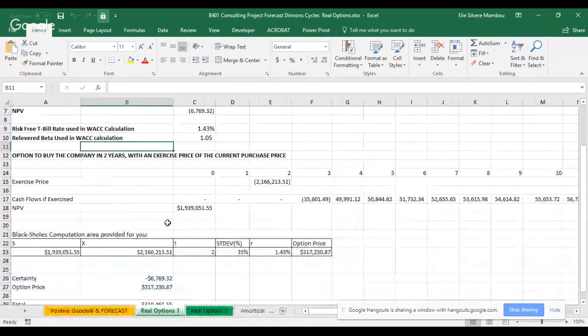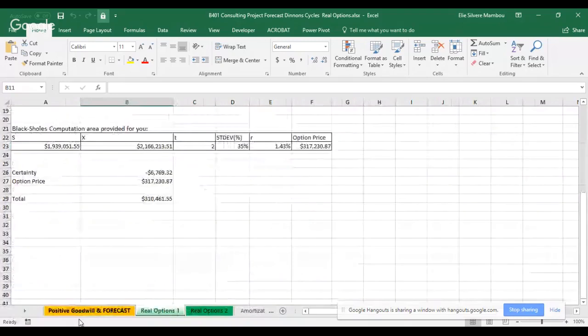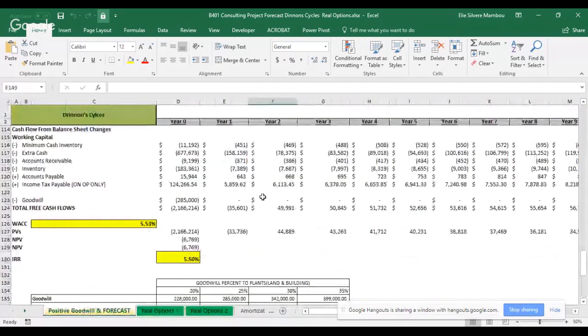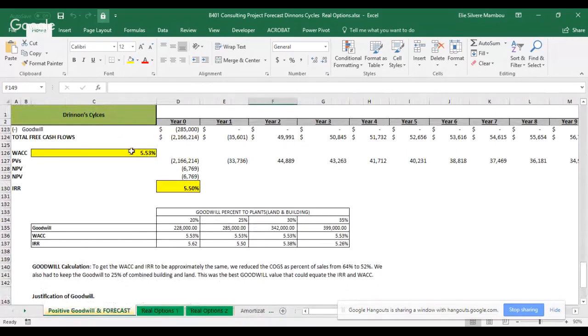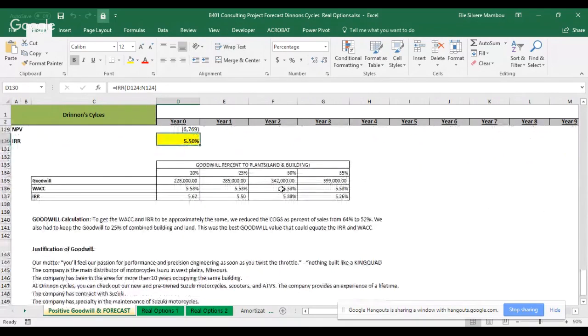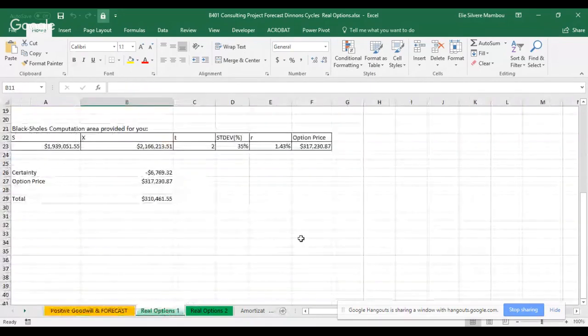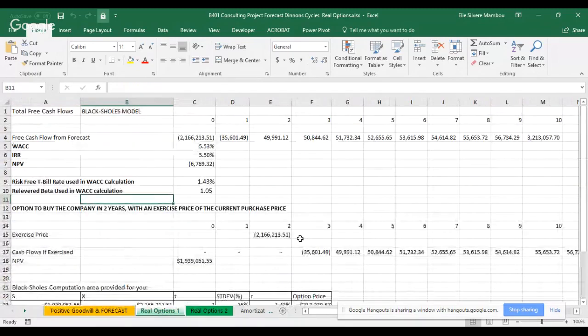We have already amended and corrected our initial spreadsheet, and we managed to get a WACC and internal rate of return with values that are very close to each other. And we also established what our goodwill was. So today we will be working on the real options.